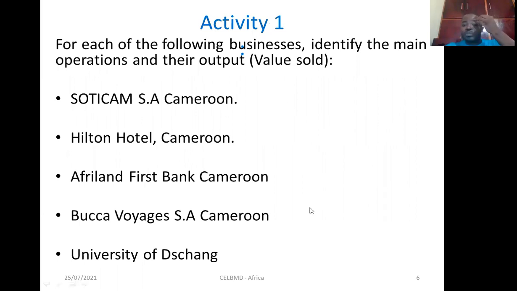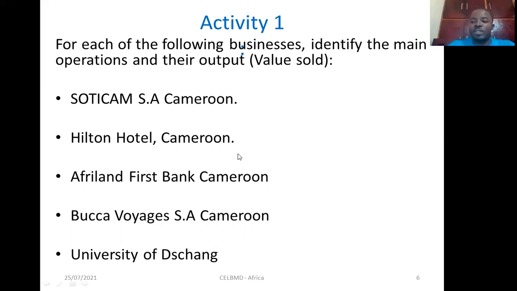Now, in your mind, just so that you flow with the conversation, imagine the services or products that are created and traded off in the following organizations: Société de Transformation Industrielle Camerounaise, SOTICAM SA, what the common man would refer to as Dole.